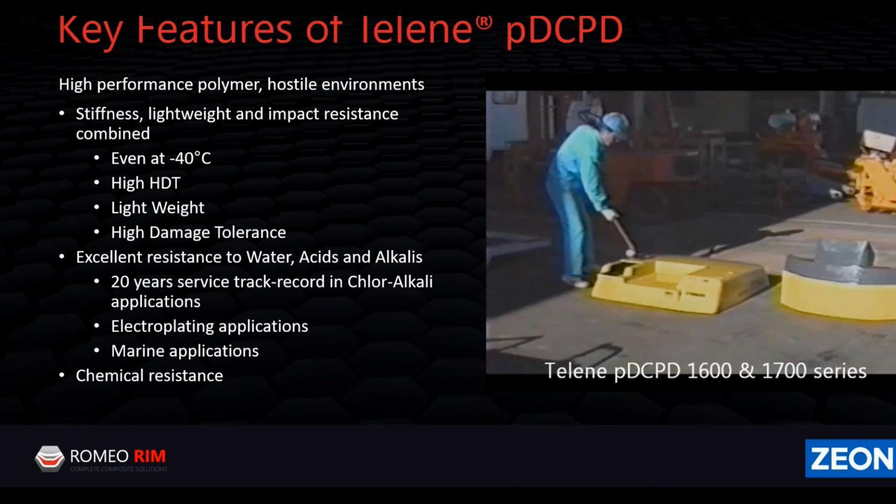Telene is an unfilled system, so it's a neat polymer. So the molded density is very light compared to other materials. So we're talking 1.03 specific gravity. Excellent in corrosion, wastewater treatment, high exposure to corrosive and basic materials.